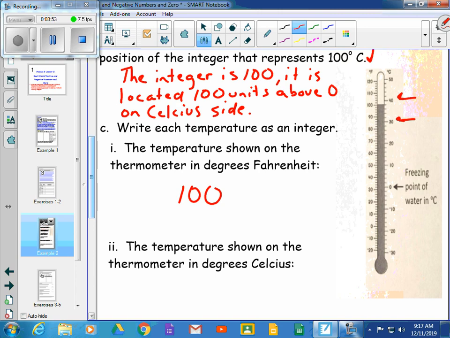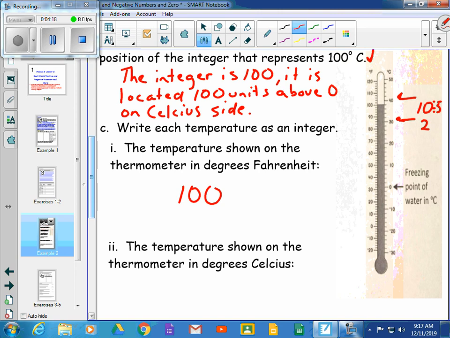We have to figure out the scale that's being used for the Celsius. The difference between 40 and 30 is 10, and we can see that it's broken up into 1, 2, 3, 4, 5 spaces. So if we divide that by 5, it tells us that we're going up by 2 on that scale. Each little interval is 2.